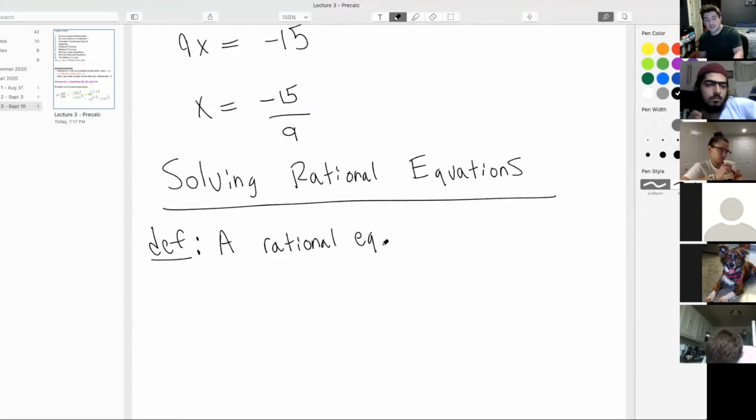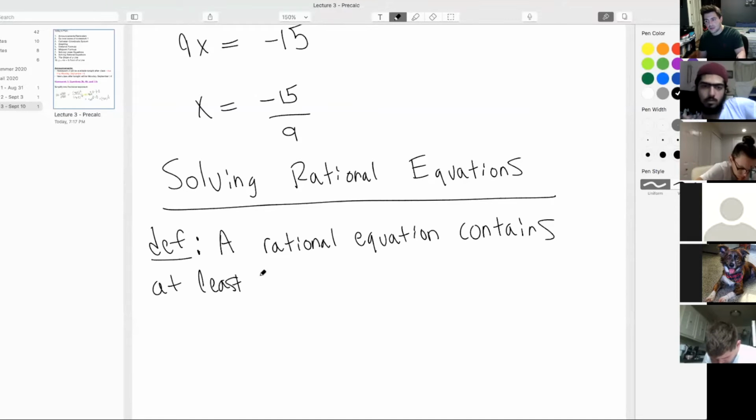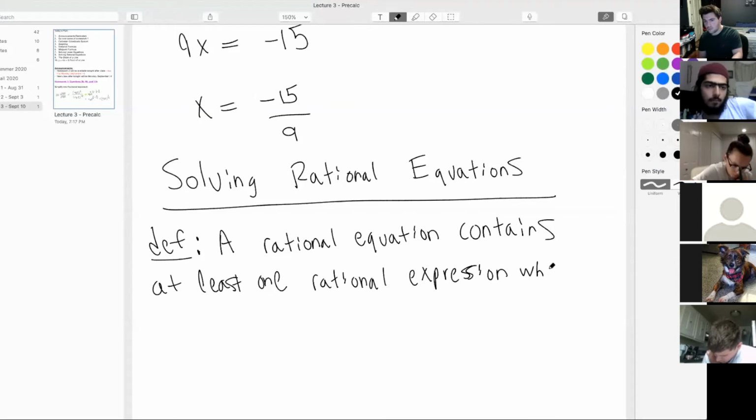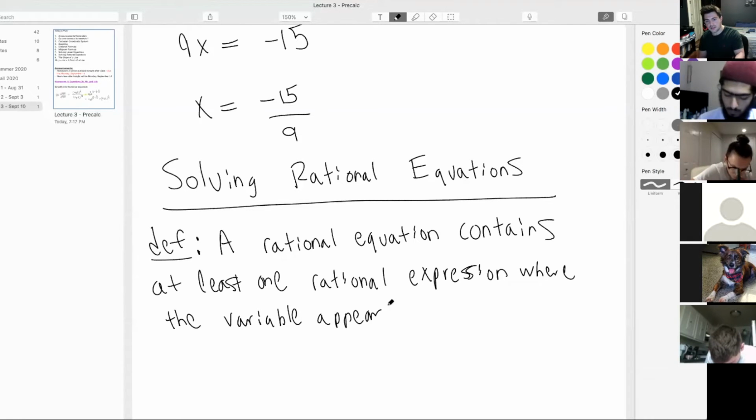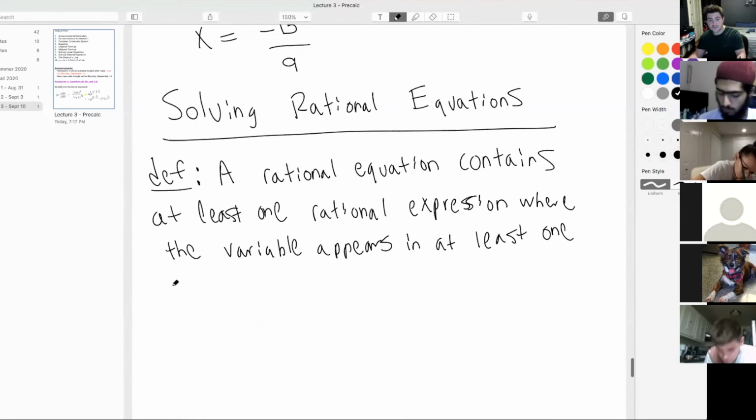A rational equation contains at least one rational expression, and we know what those are now from last class, where the variable appears in at least one of the denominators.